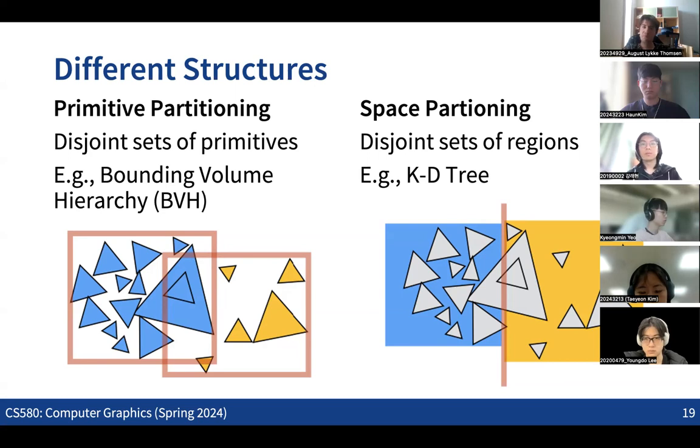So let's think about some scenarios where one of those structures can have more advantages over the other one. Yeah, so actually my question is: in which case can one be better than the other?